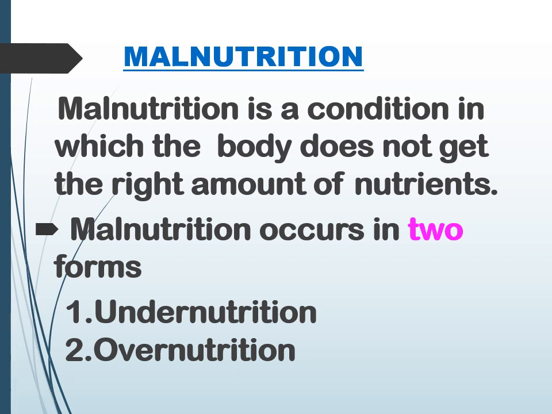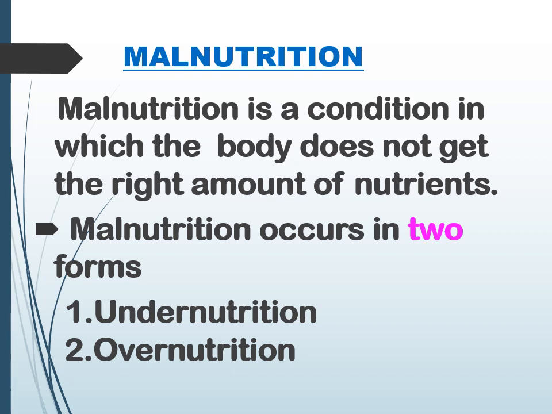So a person who does not get enough nutrients in food suffers from malnutrition. So what is malnutrition? Malnutrition is a condition in which the body does not get the right amount of nutrients.